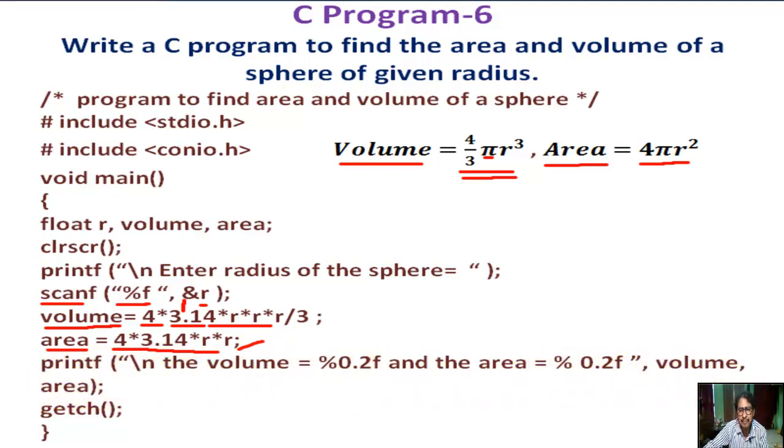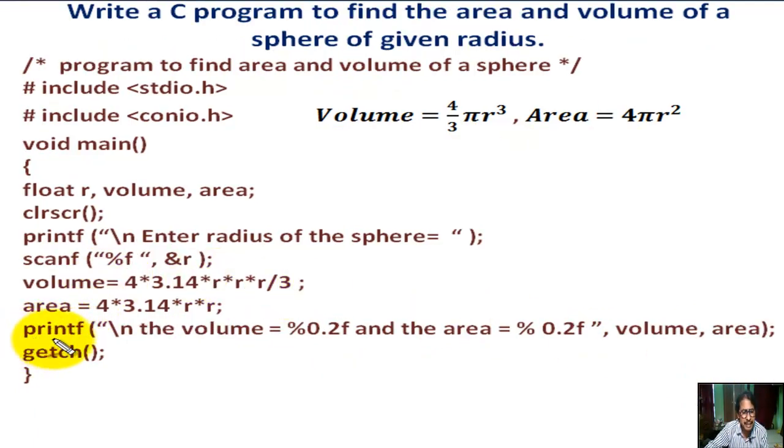Again printf within bracket, quotation begin, backslash n, the volume equal to %0.2f and the area equal to %0.2f, quotation end, comma, volume variable, comma, area variable, bracket end, semicolon.